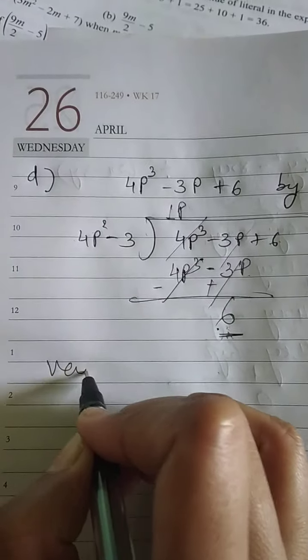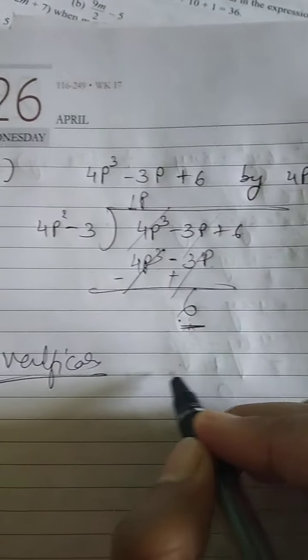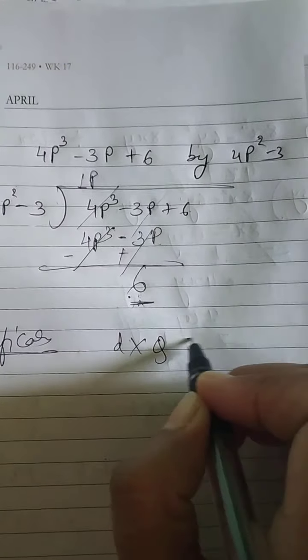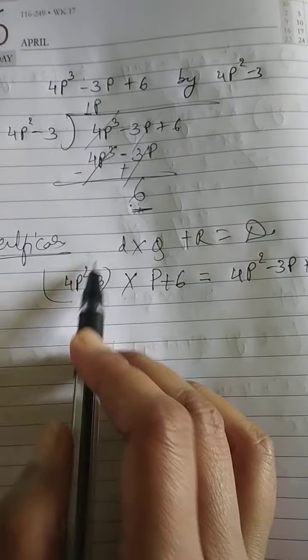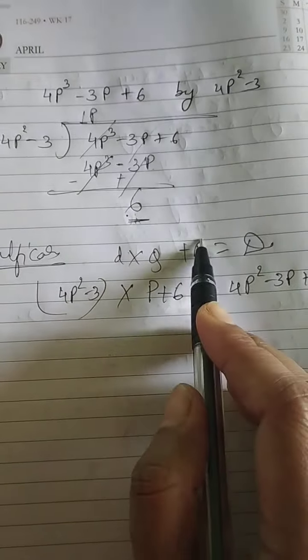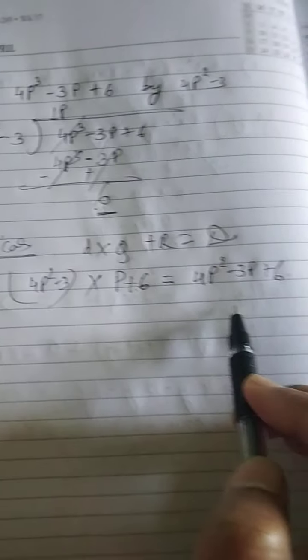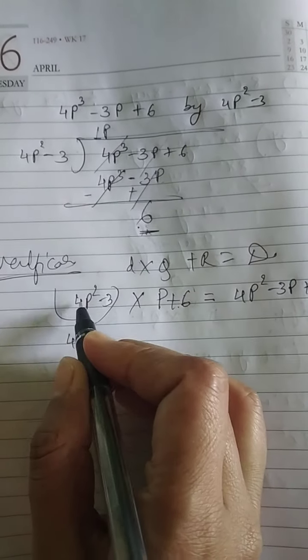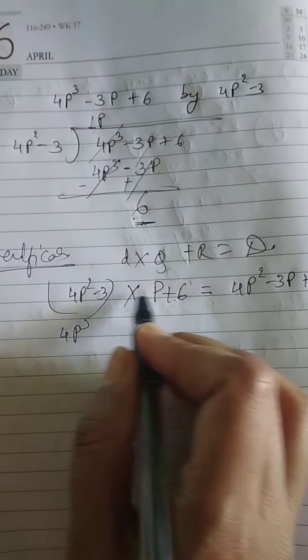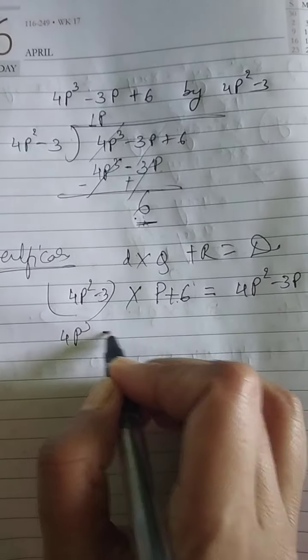Now verification. You know divisor into quotient plus remainder is equal to dividend. Let's see. I have written all the terms: divisor, quotient, remainder is 6, dividend. 4p square into p, 4p cube. Then minus 3 plus p, minus plus minus 3p.